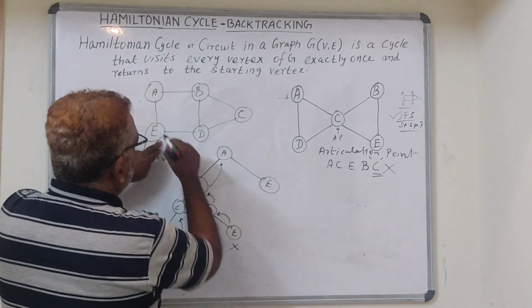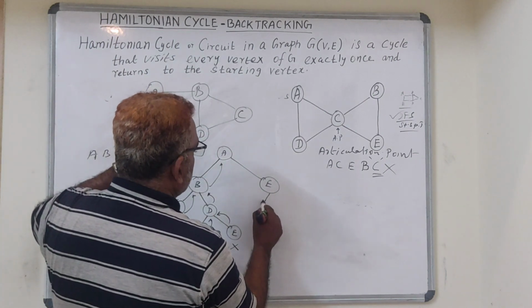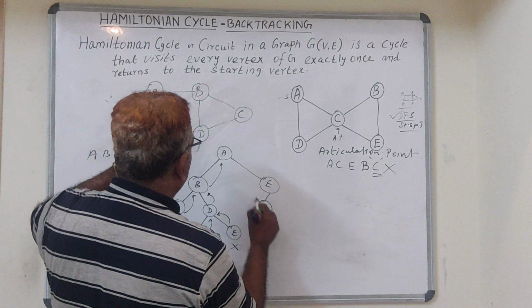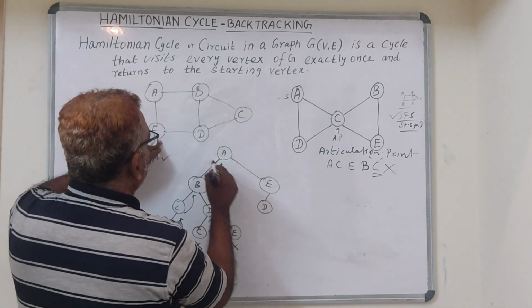From E, the two adjacent nodes are D and A. A is already there.